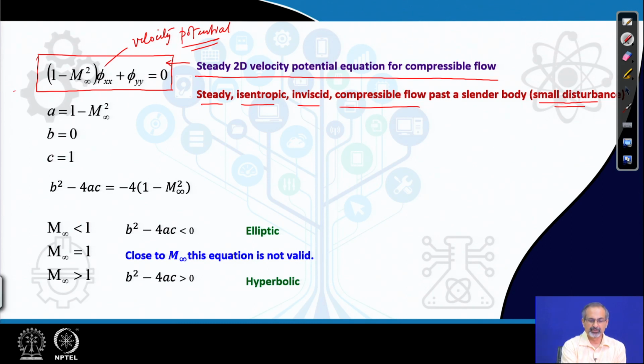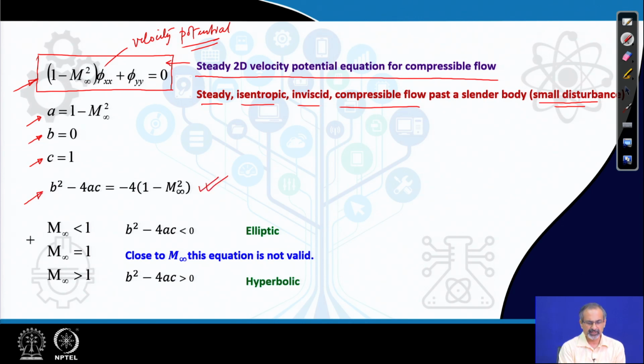So, this equation models such flows, and going by what we learnt in the earlier slide, we have to identify the coefficients of the partial derivatives. So, there are partial derivatives in x and y only in this equation, there are no mixed derivatives. So, we can easily identify the values of a, b and c, based on which we can work out b square minus 4 a c, which turns out to be this.